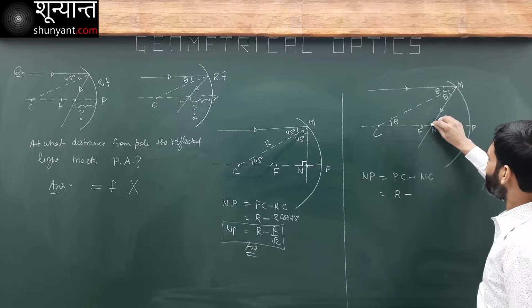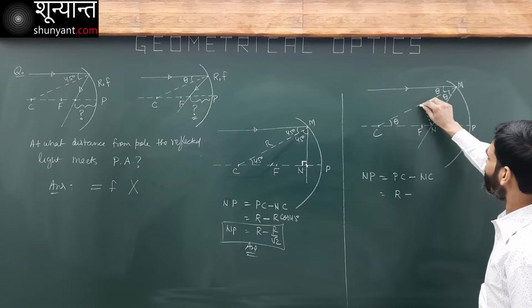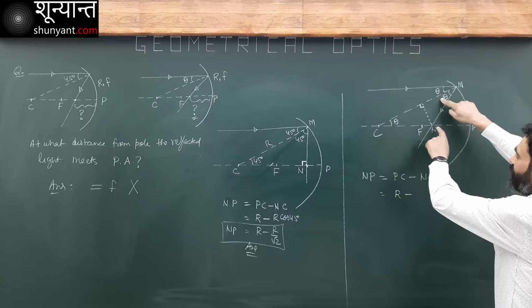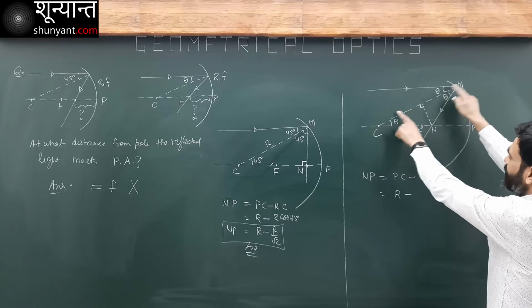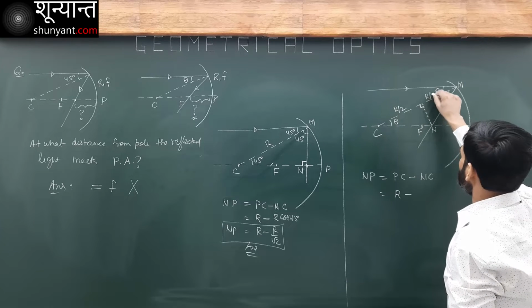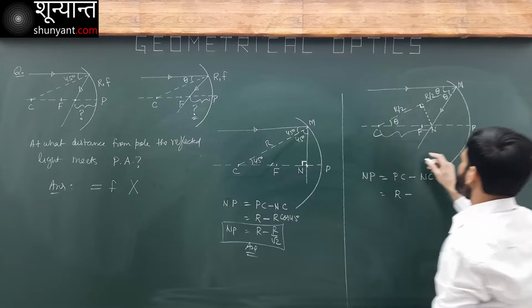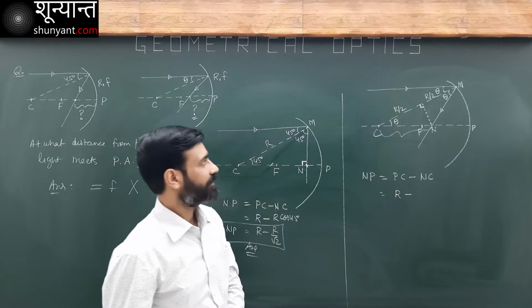If I drop a perpendicular here, these two angles are the same, so the perpendicular is going to bisect it. So this becomes R by 2 here, and this also becomes R by 2. Then what will be this distance CN? What do you think?